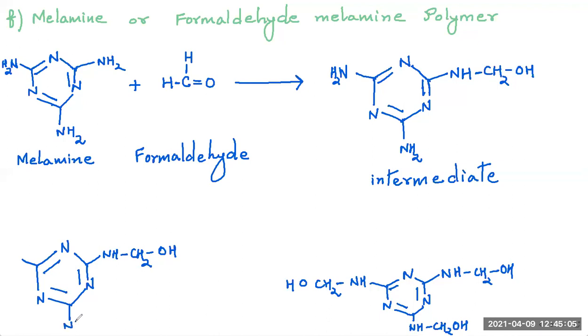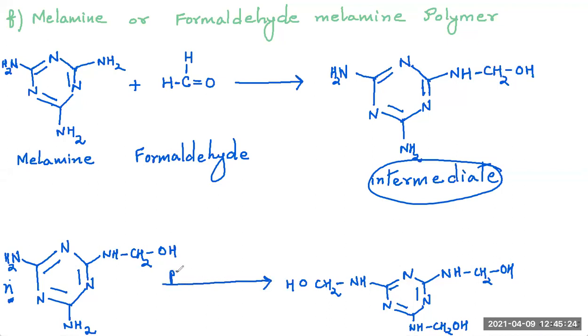Same thing will be here. It will be NHCH2OH. You can also write NH2. It is understood we will be taking that. Now I am taking N molecules of this intermediate, and I do polymerization.